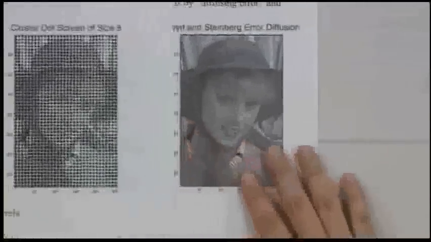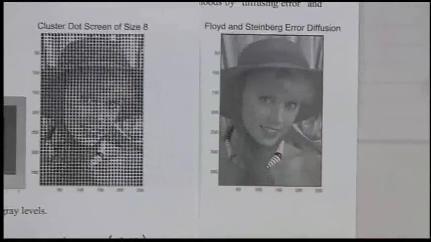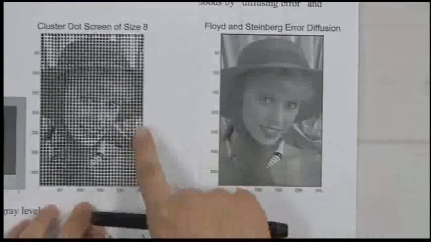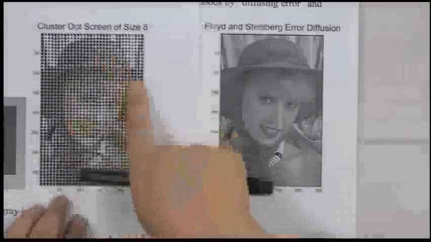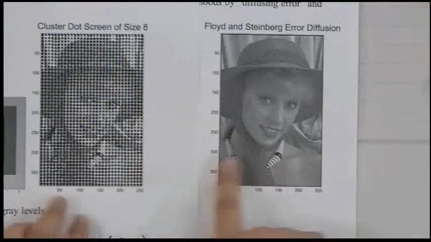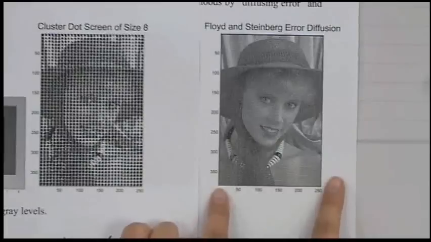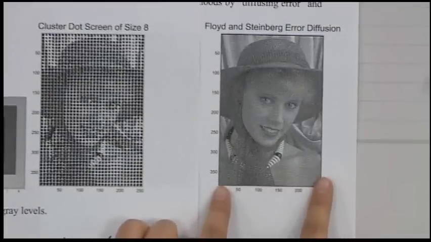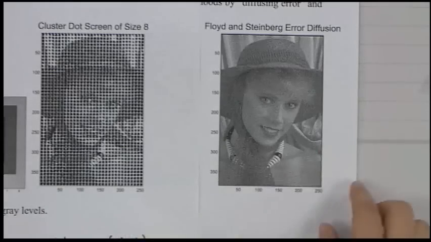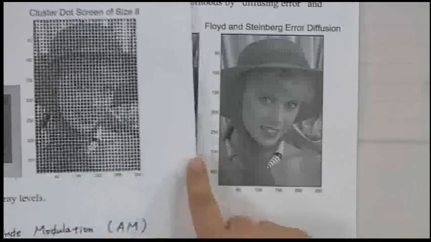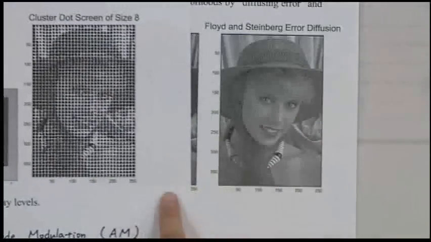Here's halftoning using cluster dot screening. Compared to this, error diffusion looks much better. It contains more high-frequency noise, but the outcome turned out to be very good.